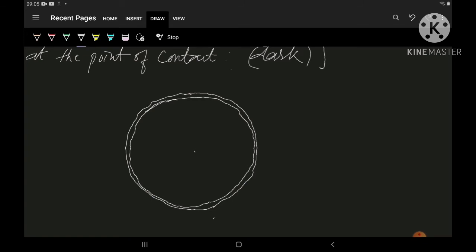Here we will use red color for bright and green color for dark in this figure. So obviously at the point of contact we will find a dark fringe. So this point of contact will be dark.